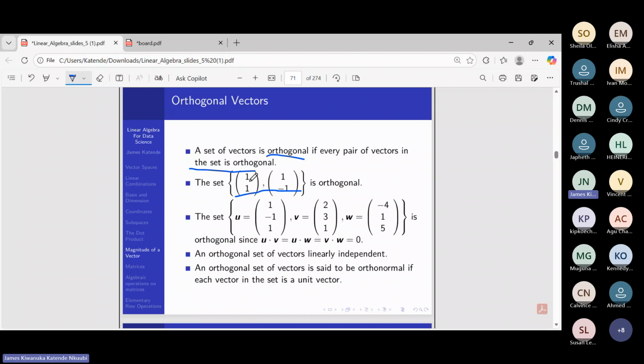And so this is an example of an orthogonal set in R2. If you move to R3, here is a set of vectors, and you can double check. I hope I didn't make any mistakes here. If you get the dot products of any pair of vectors in this set, that should equal 0. So they're mutually orthogonal. Any pair of vectors you pick will be orthogonal.